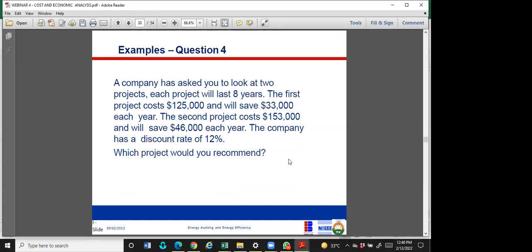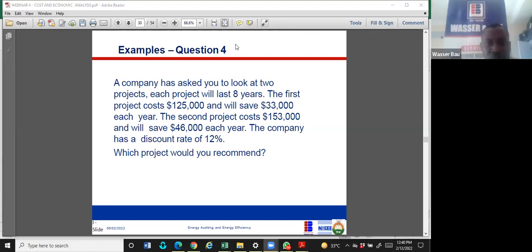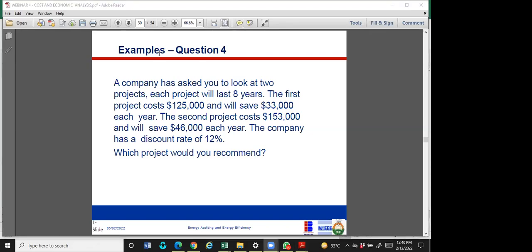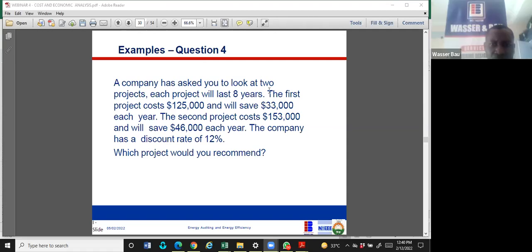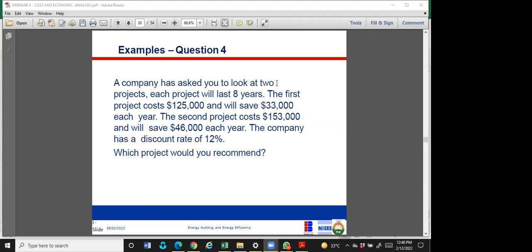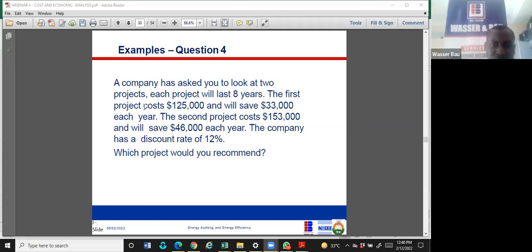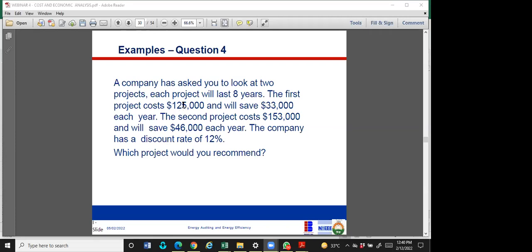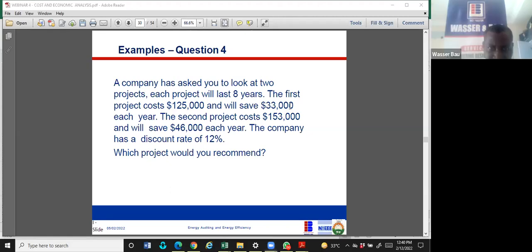Question number 4. A company has asked you as an energy auditor to look at 2 projects. Each project will last 8 years. The first project costs 125,000 and will save 33,000.